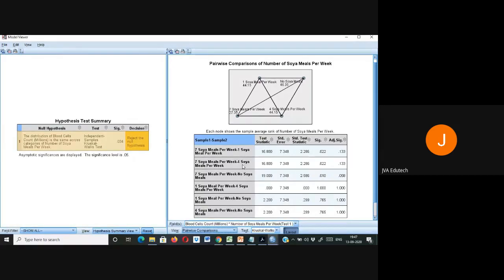Means there exists no significant difference if the person is fed on 7 soya meals or 1 soya meal per week or 4 soya meals per week. However, if 7 soya meals per week are compared with no soya meals per week, then only there exists a difference. Else, in all other cases, there exists no significant difference among the groups, isn't it?